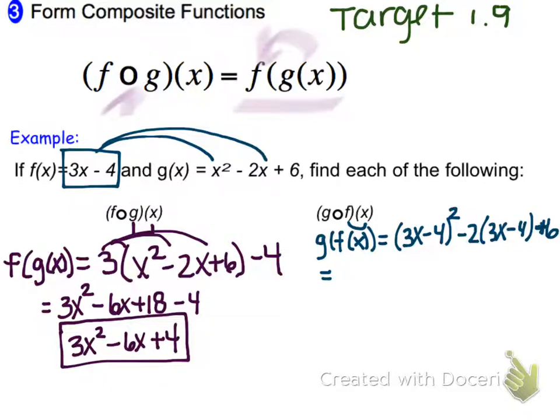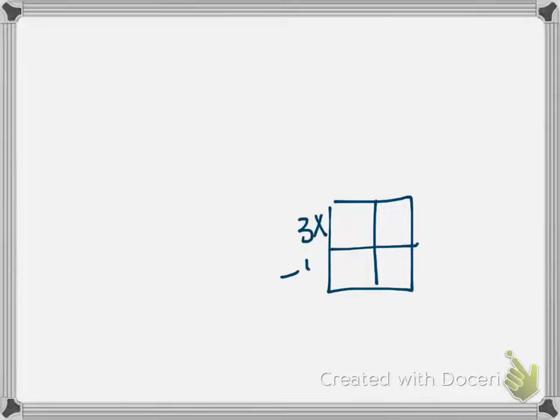To square 3x minus 4, you have a couple options. You can use a rectangle and multiply 3x minus 4 times 3x minus 4. You could also use the shortcut that we learned. If you use the shortcut and you square the first term, we'll get 9x squared.